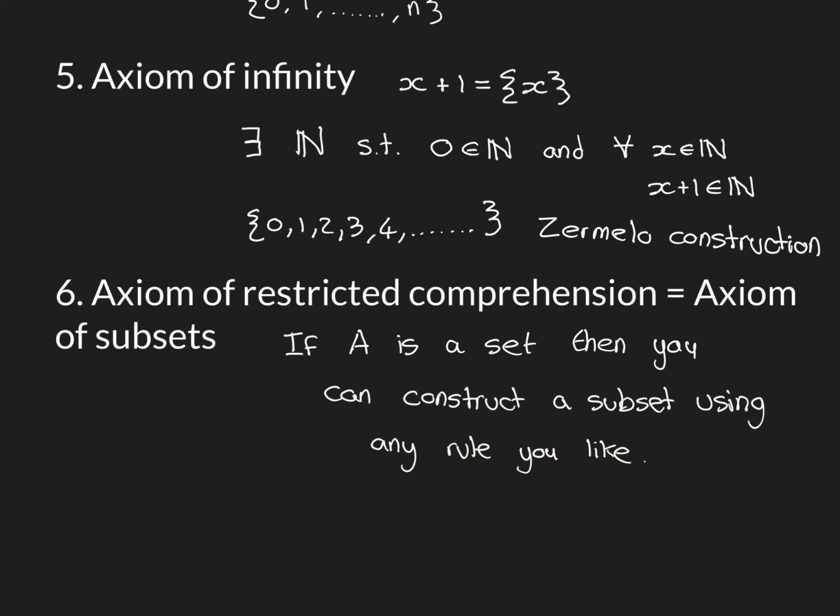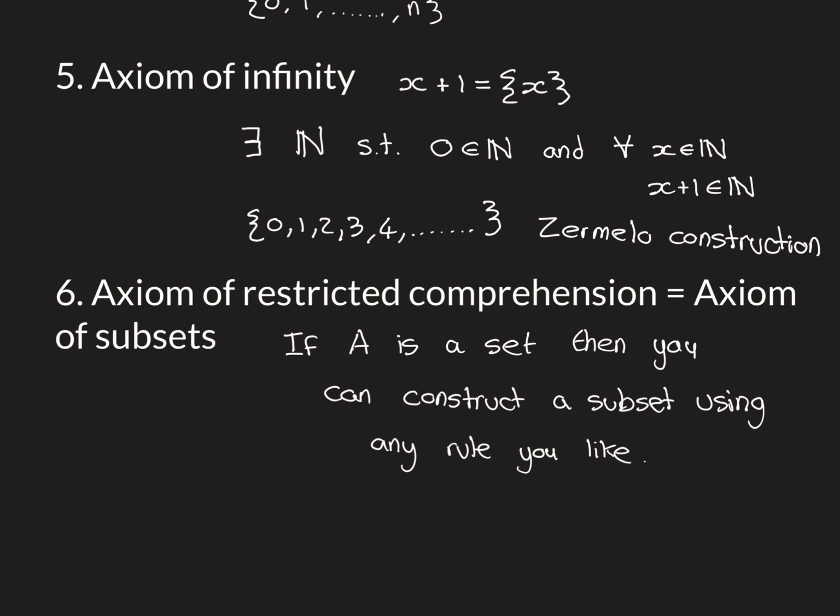This says that if A is a set allowed within our theory, then you can construct a subset from it using any rule you like to choose the elements from the original set that are going to go into the subset, and that new subset is going to be allowed within our theory to be a set.